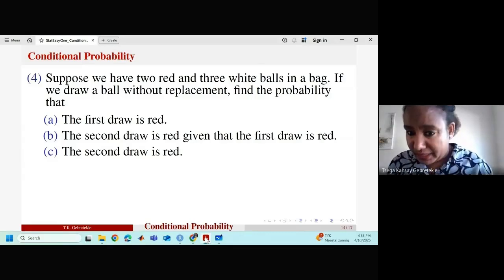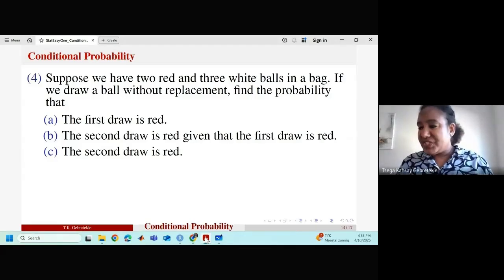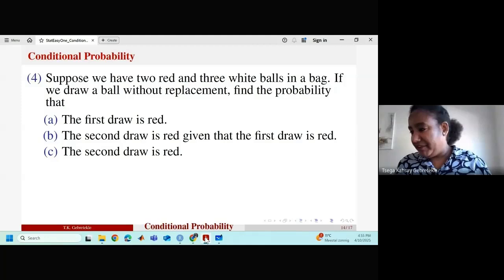So suppose we have 2 red and 3 white balls in a bag. In total, how many balls do we have? 5 balls. If we draw a ball without replacement, so we are not replacing, they are dependent. The next draw is dependent on the first draw.